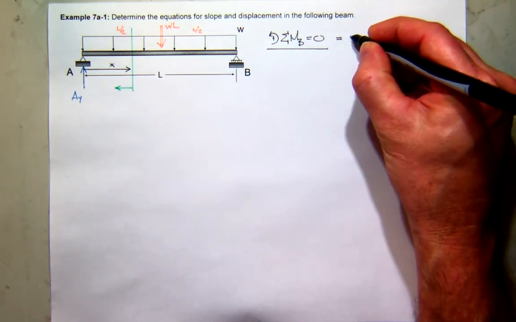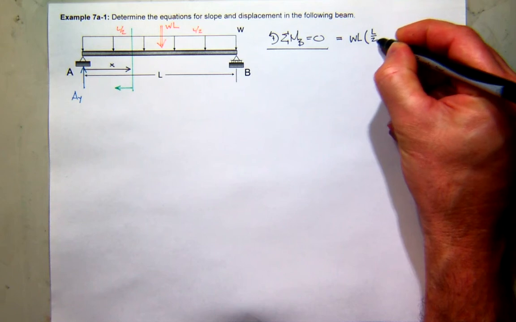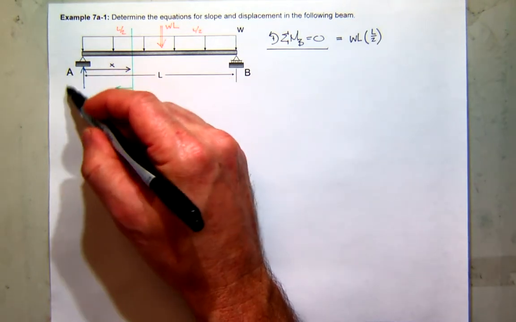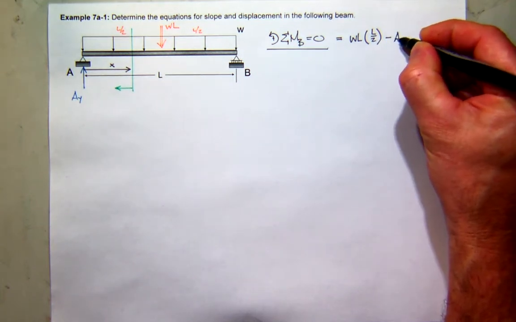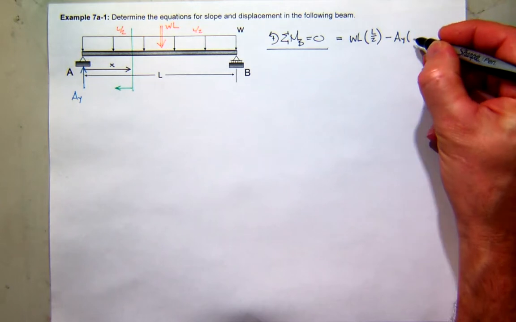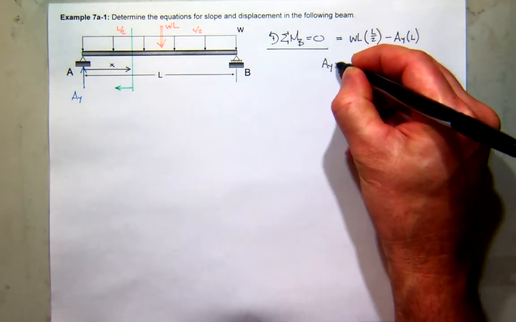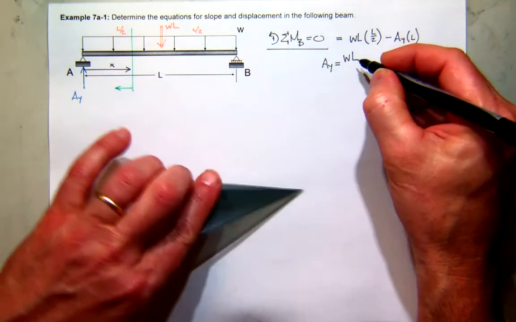So the force would be WL, and the distance would be L over 2. And the other force in the system is AY, and that creates negative moment. It has a force of AY, and its distance is the distance between A and B, which is L. So you can see that the reaction at A is going to be WL over 2.